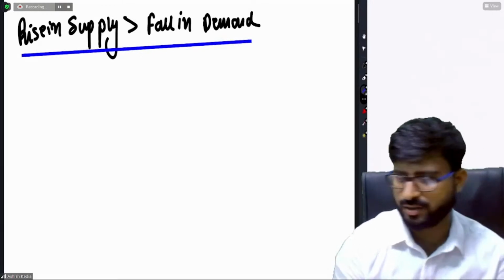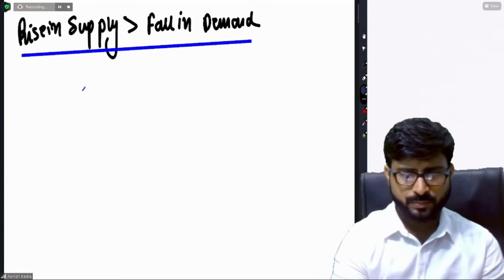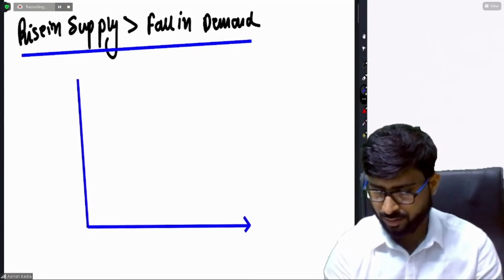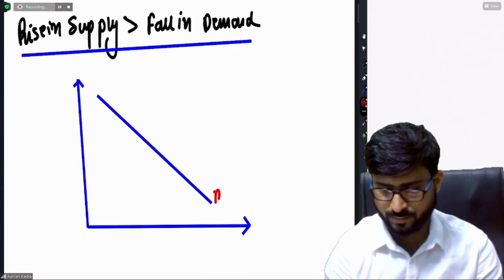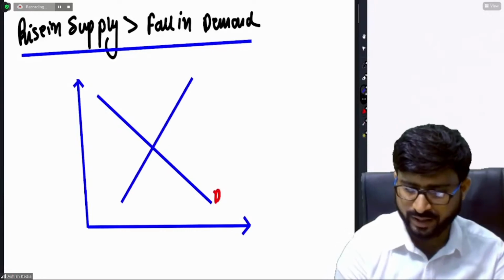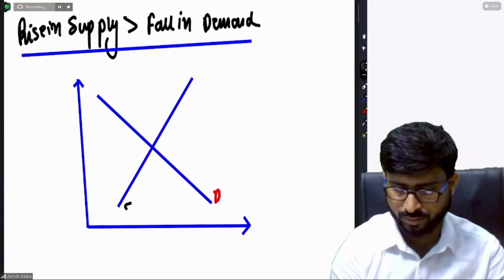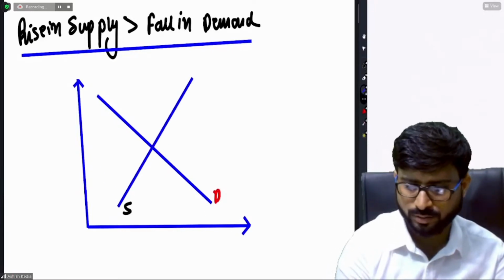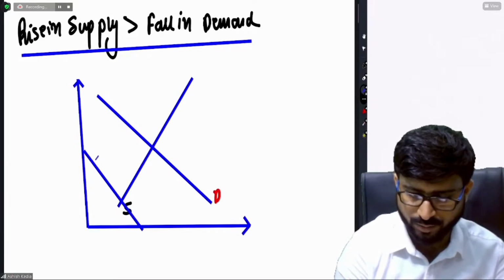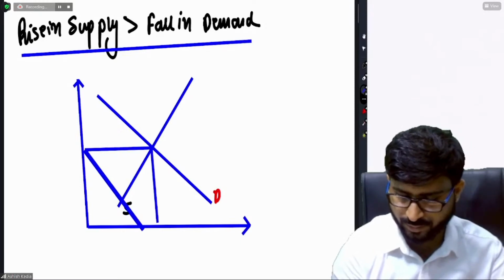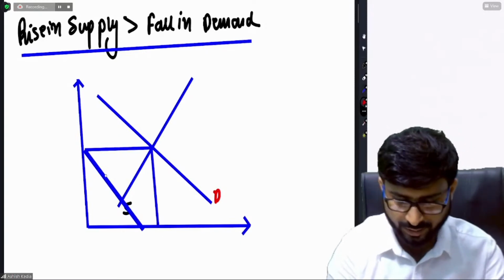So friends, now pay attention. This is the demand curve, supply curve. This is the equilibrium condition. Ignore this line.